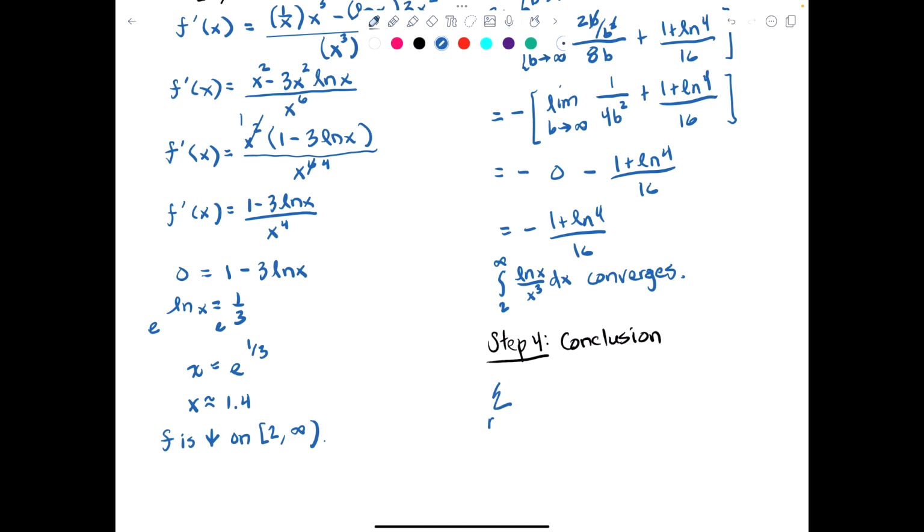The summation from n equals 1 to infinity of natural log of n over n cubed converges by the integral test.